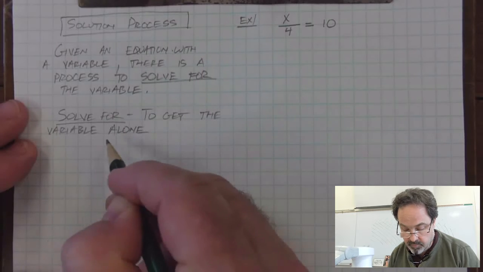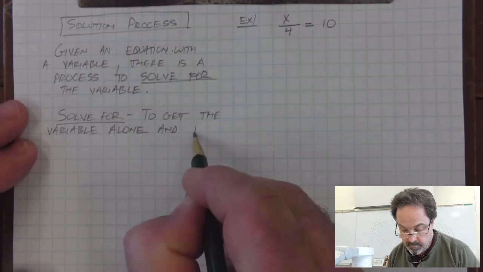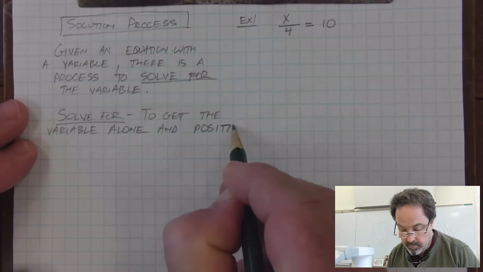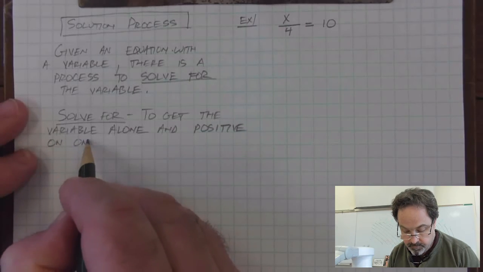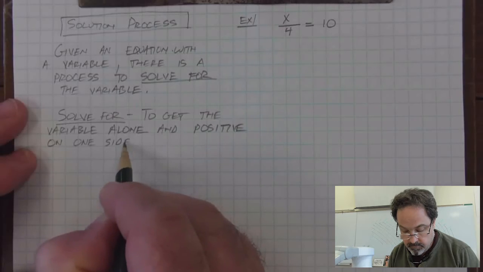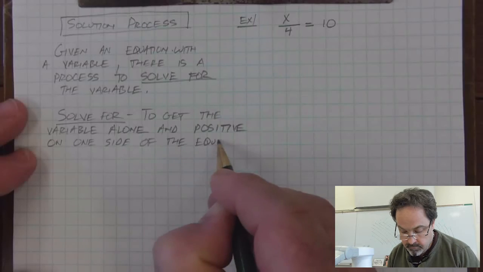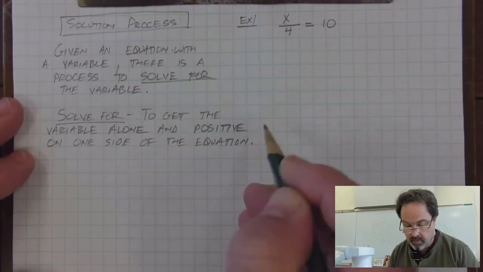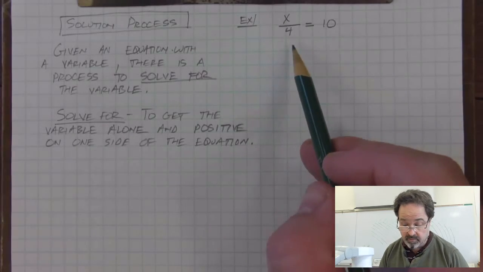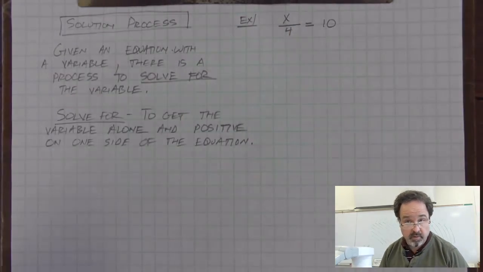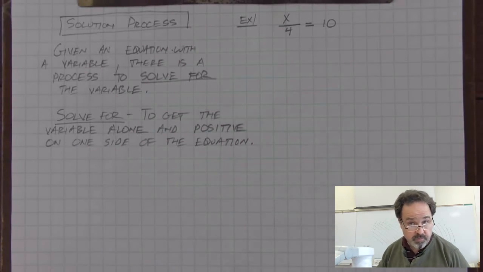Alone meaning by itself with no other numbers and operations and symbols, on one side of the equation. So we have an equation and we solve for the variable, which means, in this case, get x alone and positive on one side, then the other side will be the solution to the equation.